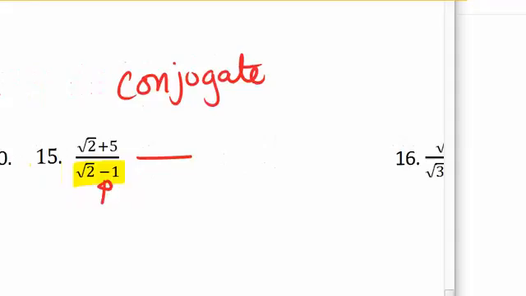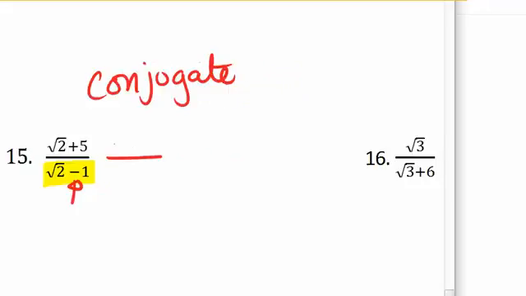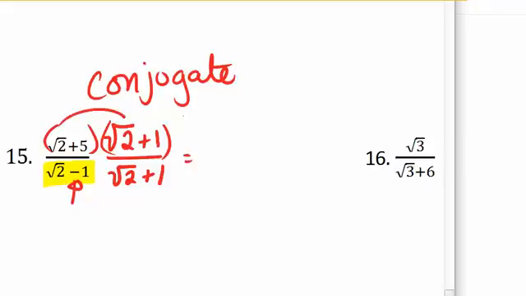So if we have square root of 2 minus 1, the conjugate would be square root of 2 plus 1. And I want to use that in the numerator and in the denominator. And because these are binomials, you're going to FOIL it. So if I do the first, you're going to get 2. I'm going to do the outer, I'm going to get square root of 2. Do the inner, 5 square root of 2, and the last is 5.